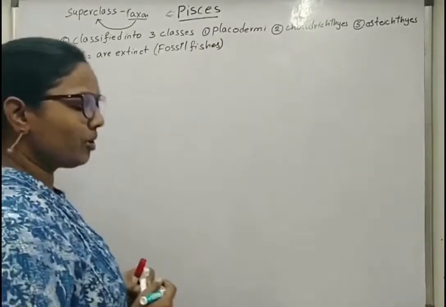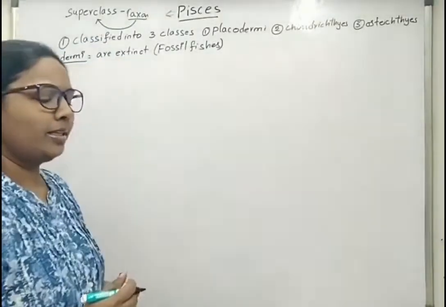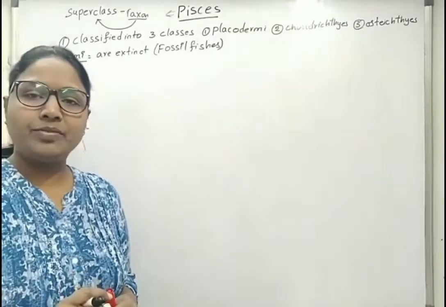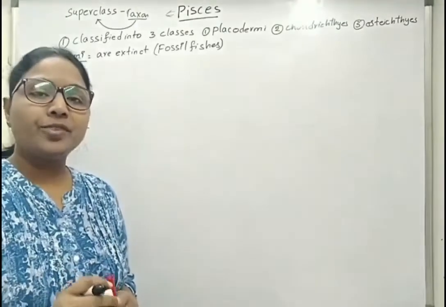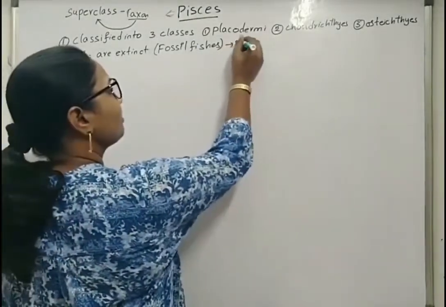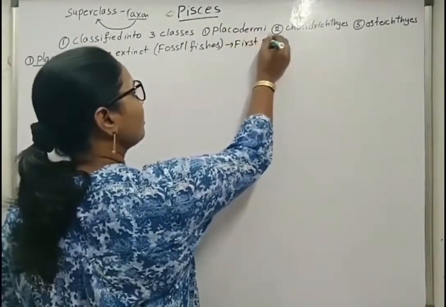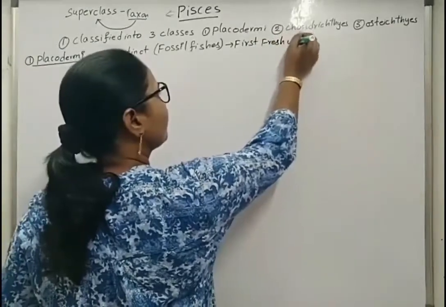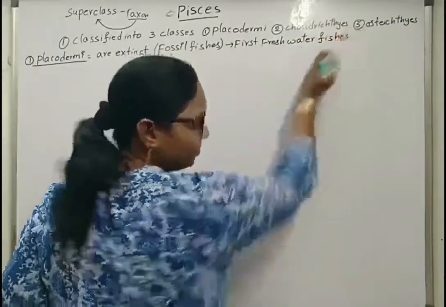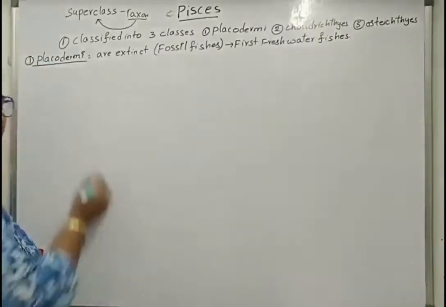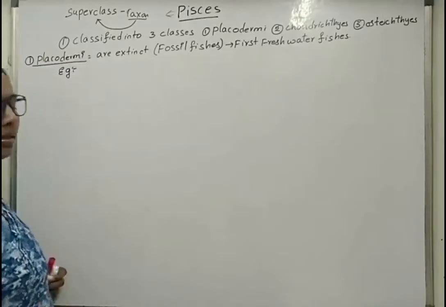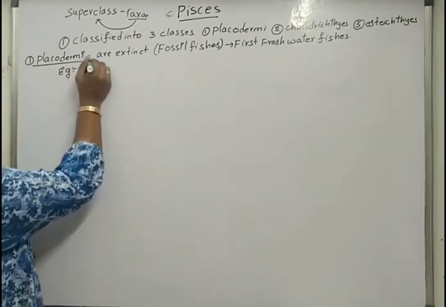Their body has bony plates, and these Placodermi fishes are considered to be the first freshwater fishes. An example of Placodermi is Clymatis, the first jawed fish.